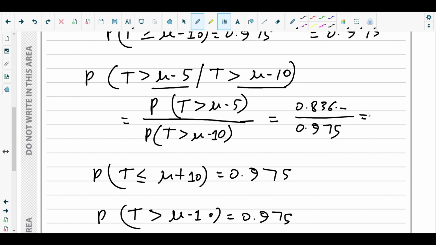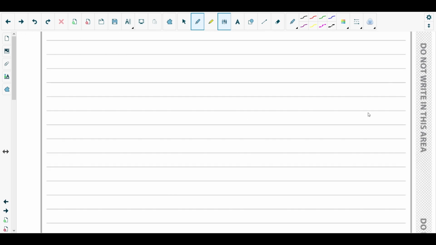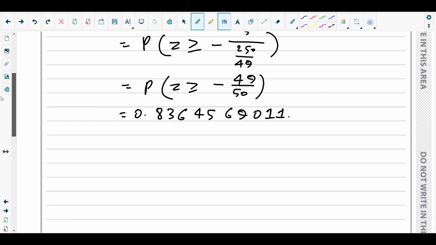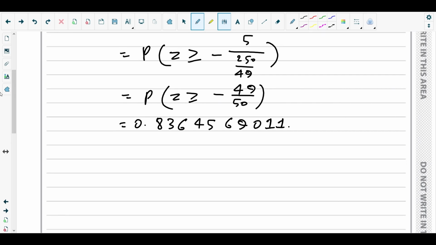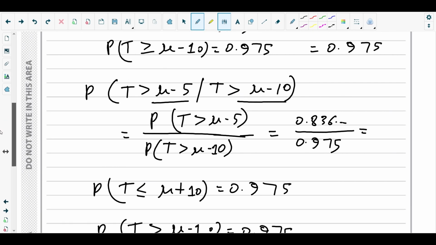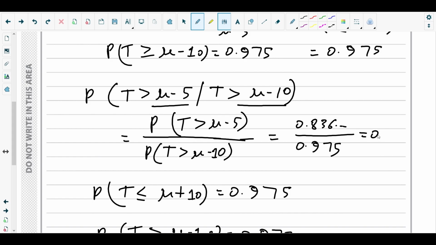Now we just need to put it in the fraction that we have just found. So 0.836456911 over 0.975 would give you 0.857, and it keeps going, so it can be rounded to 3 decimal places.